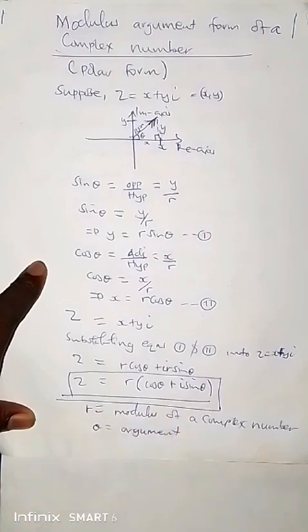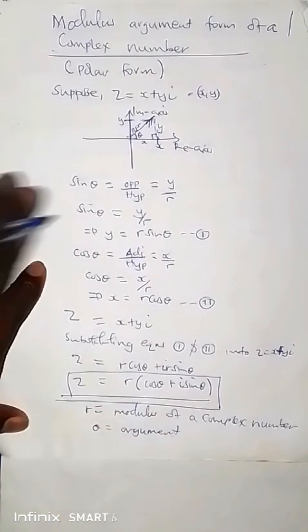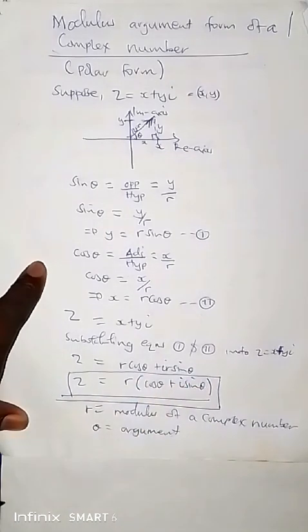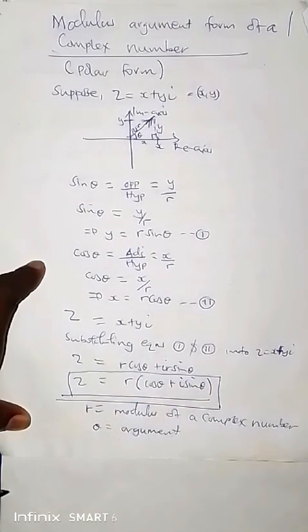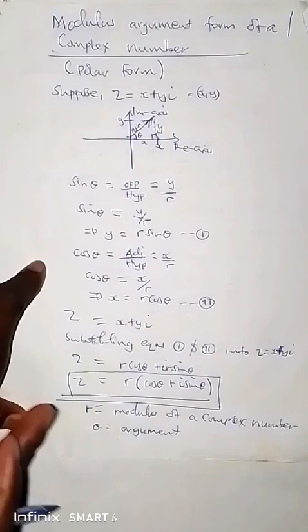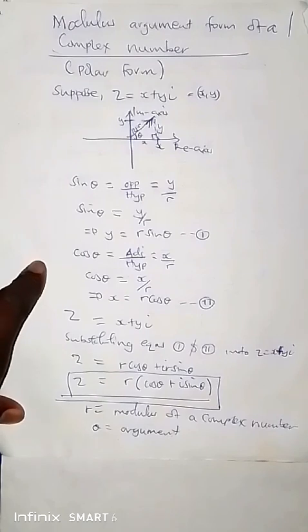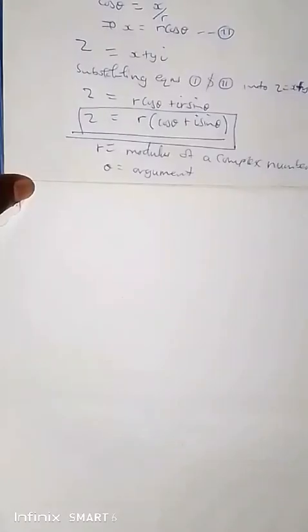So any complex number can be written in this format. Sometimes we look at examples concerning this, and we see how you can denote any complex number in polar form.